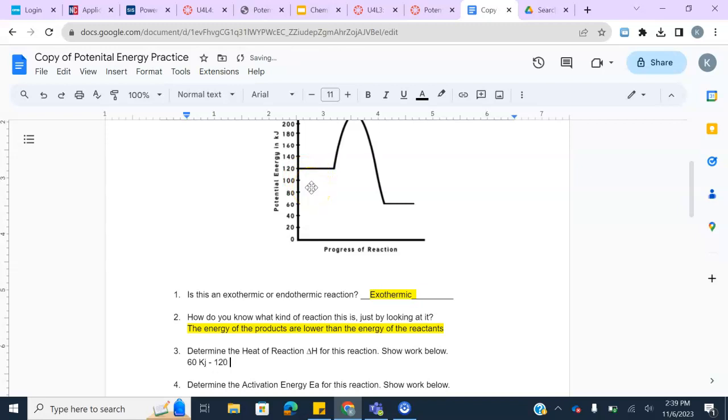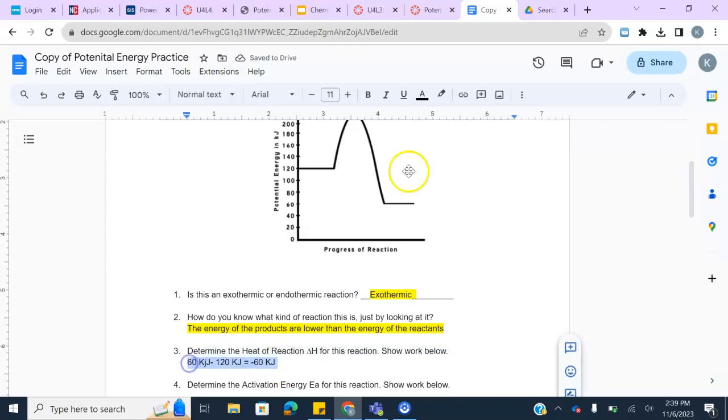Minus 120 kilojoules. Also, these J's need to be capitalized. It's going to bug me if I don't fix it. So that means that our overall delta H is going to be negative 60 kilojoules, which makes sense, right?